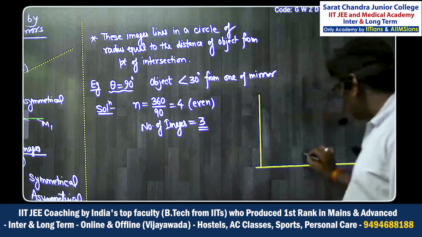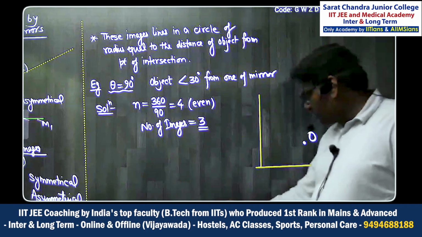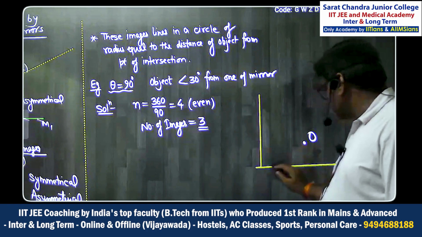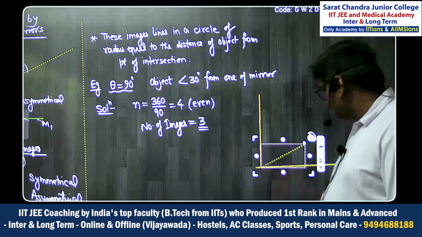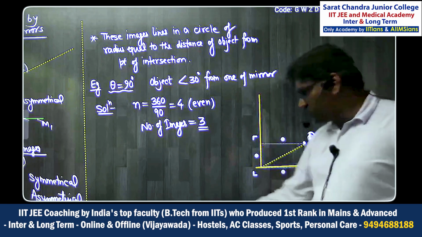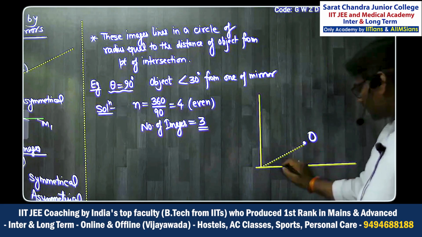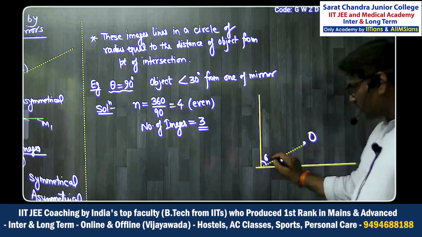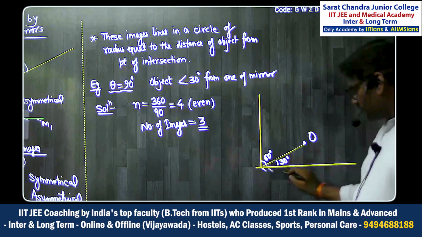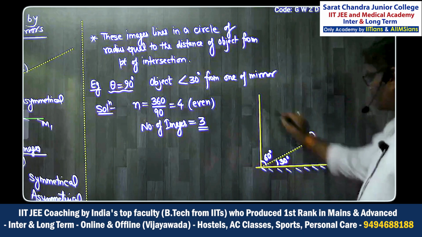Then I draw the position of the object somewhere here, because it is making a 30 degree angle with one of them. So let us say the object is here. It is making a 30 degree angle with one, obviously 60 degrees with the other. Is it okay to everybody? This is M1, this is M2.